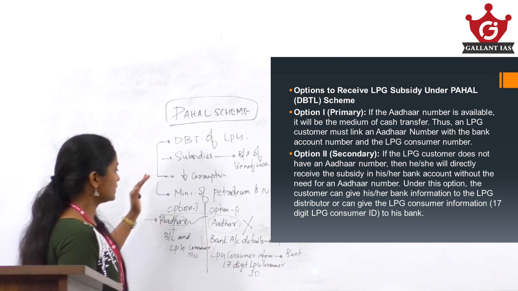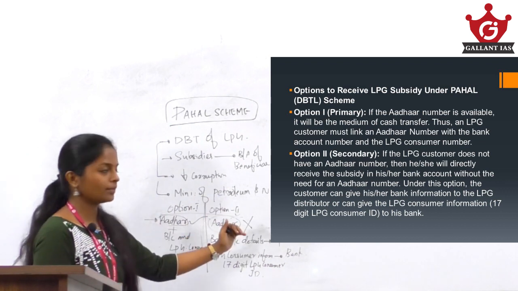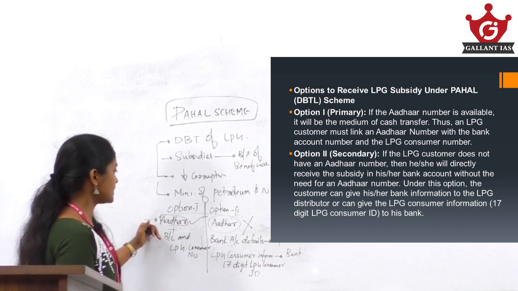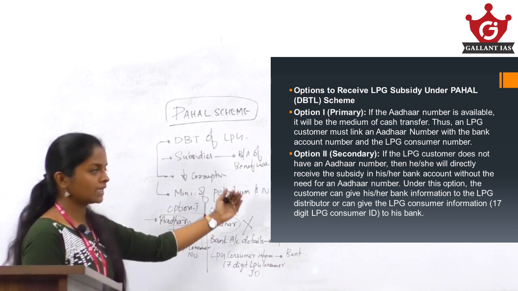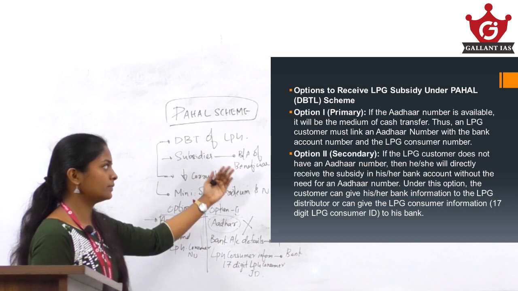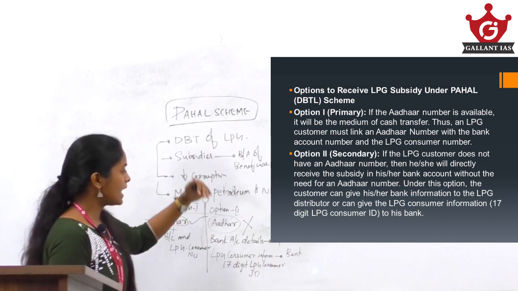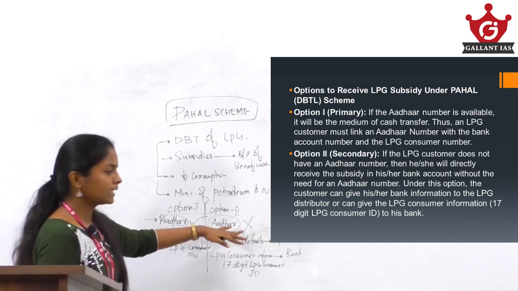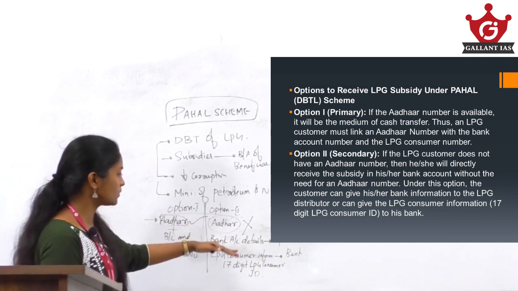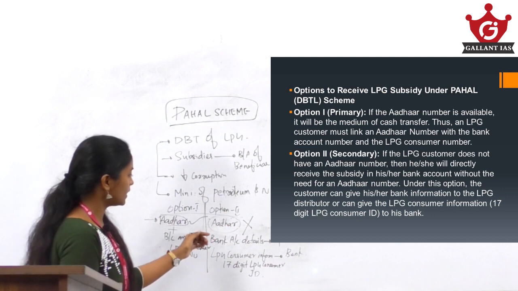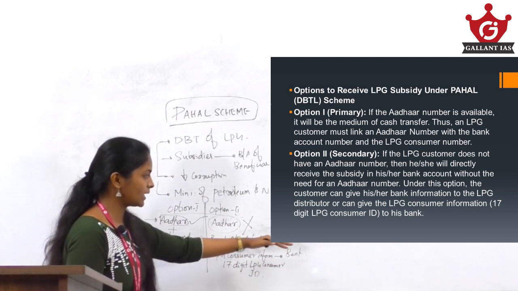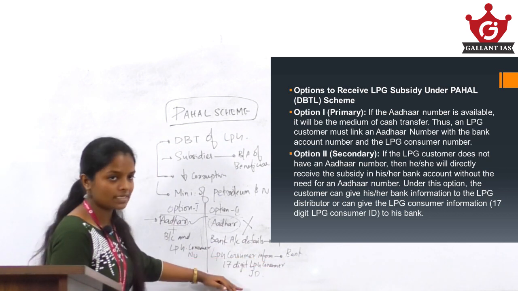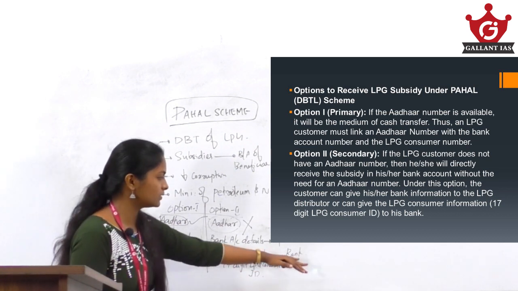So these are the two options available under the revamped version of the Pahal scheme. In the first case, if the Aadhaar number is available, the Aadhaar acts as the medium of cash transfer. In the second case, if the Aadhaar number is not available, he or she still gets the benefit through the bank account.